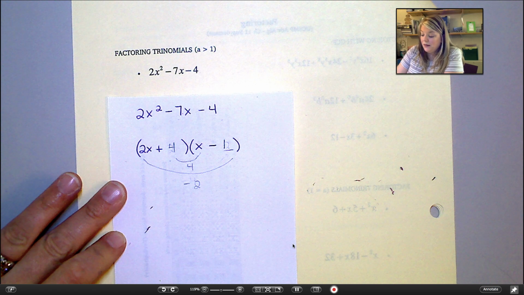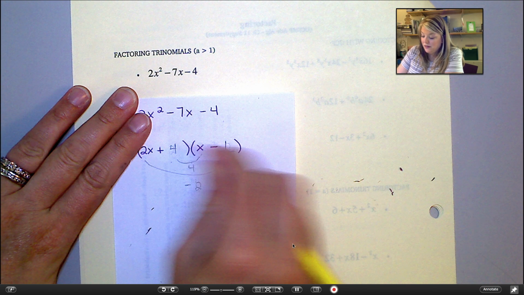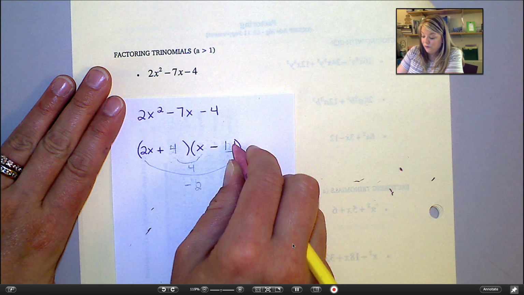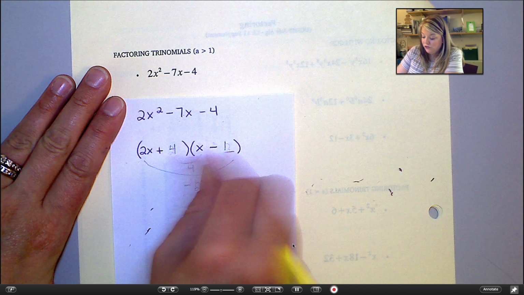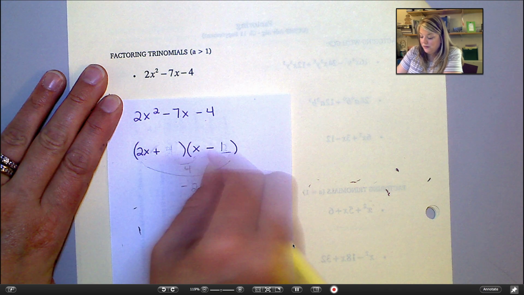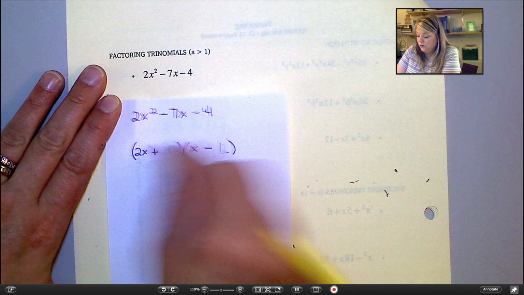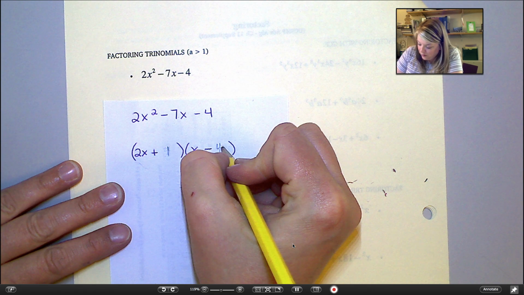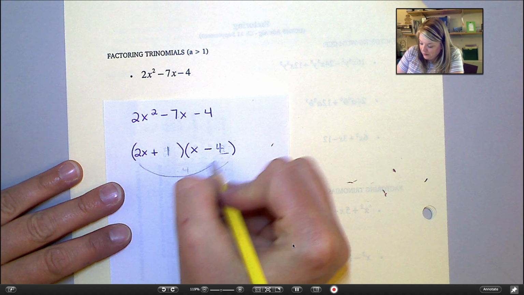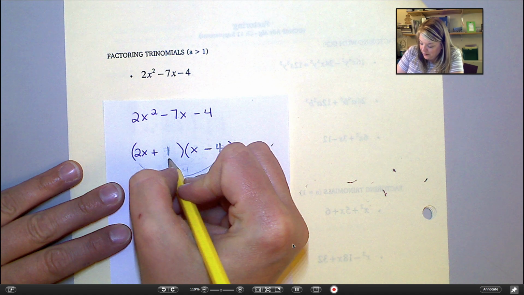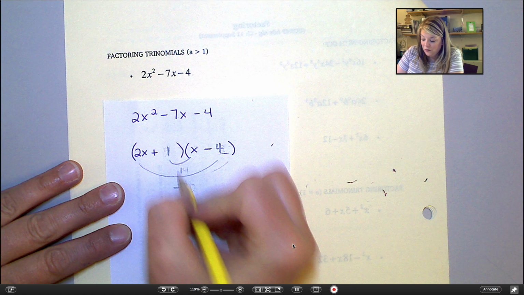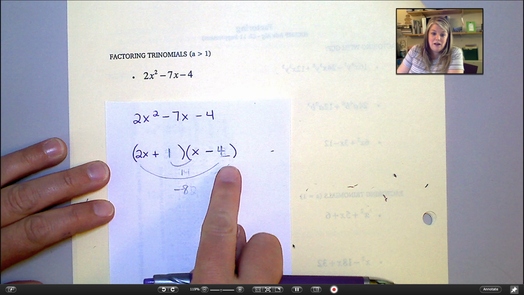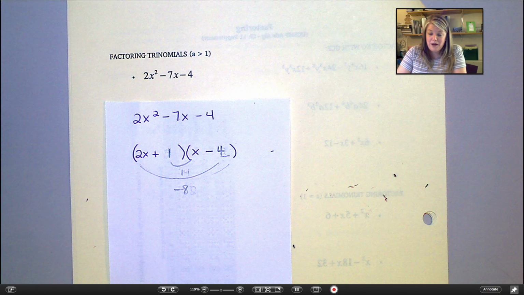Like I said a second ago, I also need to think about the possibility that these two are in the wrong spots, because now that makes a difference if this number is getting multiplied by 2. So let's try this again with a 1 here and a 4 here. That would make a negative 8 and a positive 1, and negative 8 and 1 do make negative 7. So voila, on my third try, I came up with the right answer.